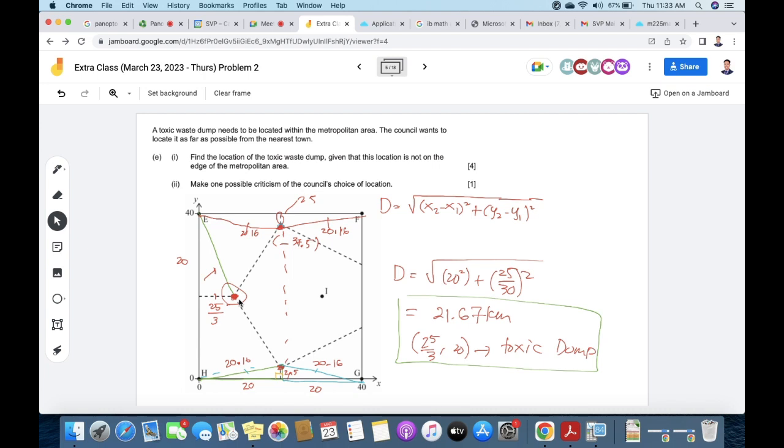They were not able to consider who will be affected. Let's say, who will be affected with a toxic dam? It's toxic. So if it's placed in a certain location, there will be after effects. And who will be affected by this? The population, the people. Do you follow? So this point here is somewhat nearer to a certain town. There's one town that is near to this location.